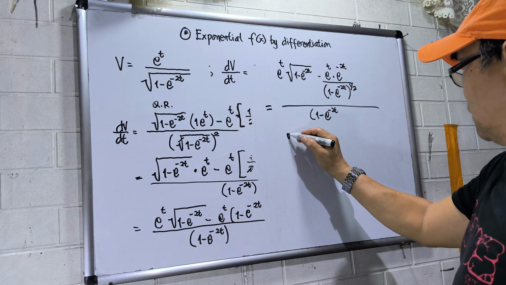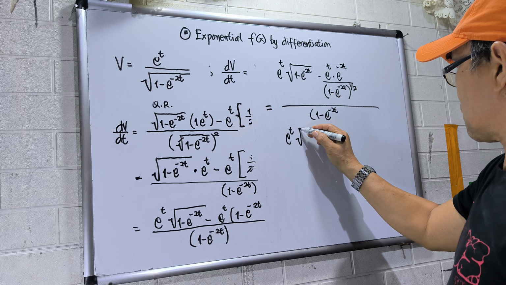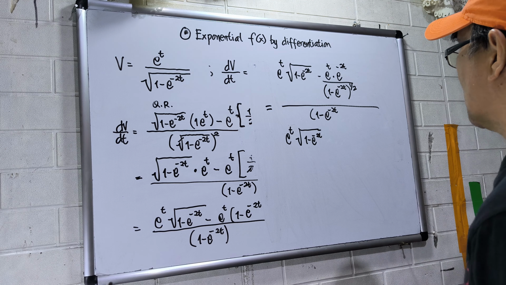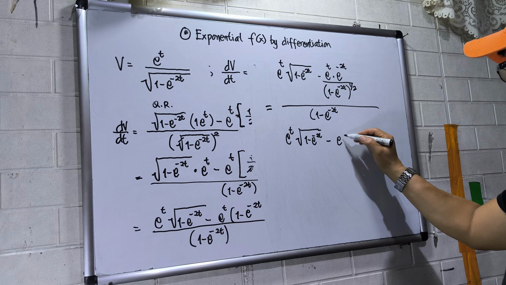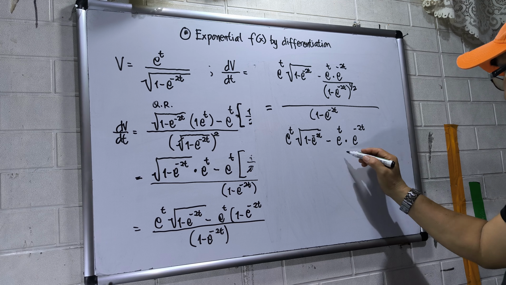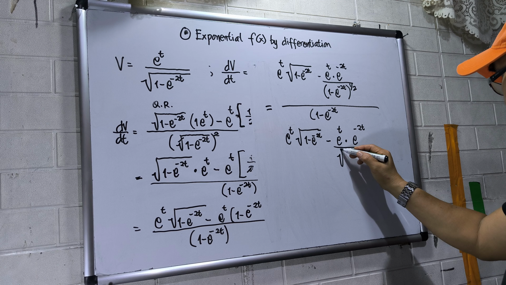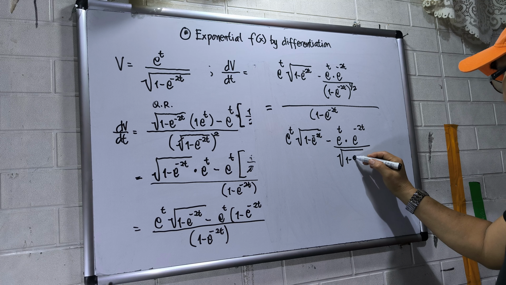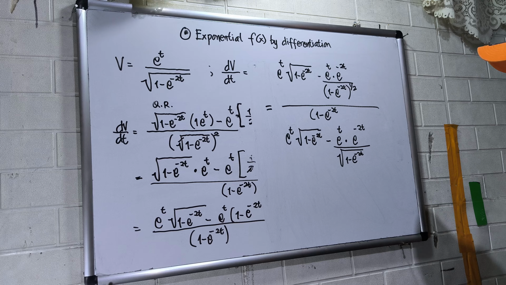So, I will do this one as e to the t square root of 1 minus e raised to the negative 2t, then minus e to the t, then times e to the negative 2t, then this will be over the square root of 1 minus e raised to the negative 2t.